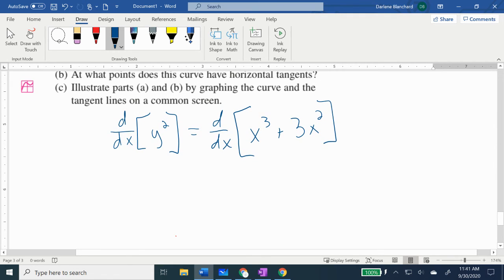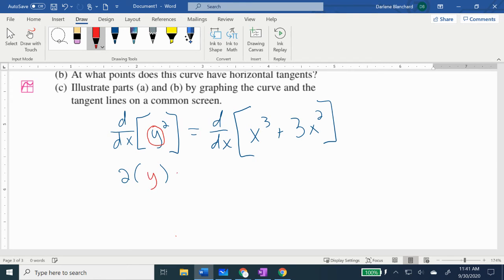With respect to x, I take the derivative of y squared. That means I need to see y as a baby function if it's not who I'm taking the derivative with respect to. So I'm taking the derivative of blah squared. I get 2 blah. Chain rule says give mommy her baby and multiply by the derivative of that baby with respect to the x variable.